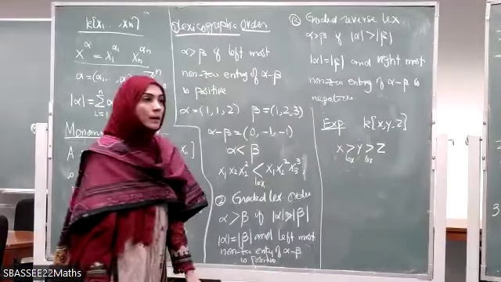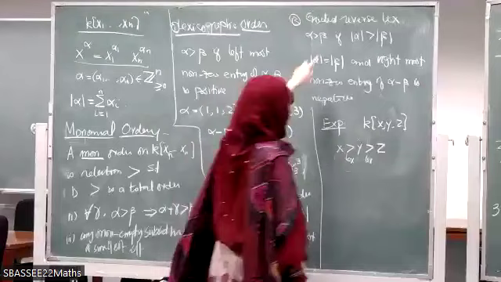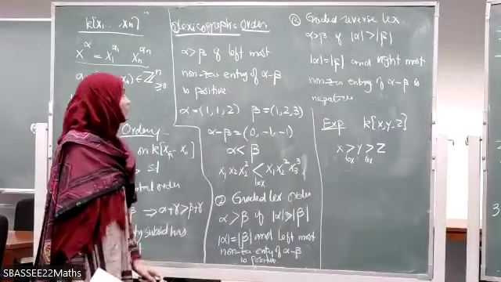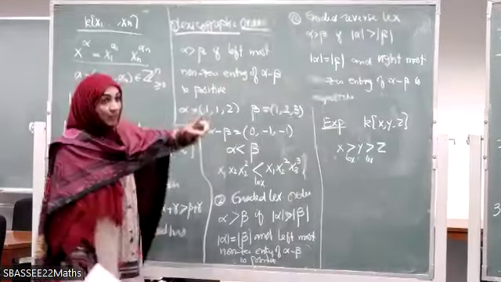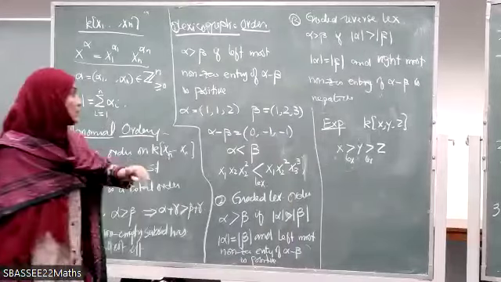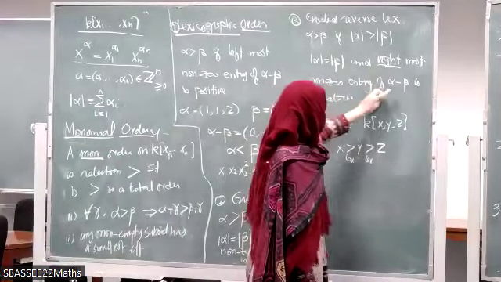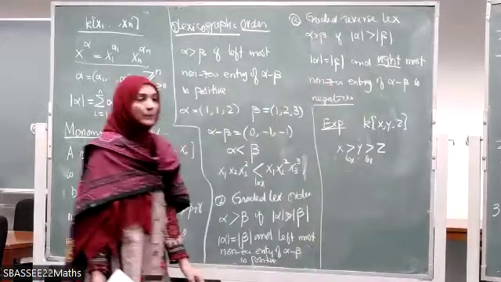Okay, you can verify. Okay, this is graded reverse lexicographic order. I mean, graded as well as lexicographic, but with the reverse condition, because I am using here the rightmost non-zero entry of alpha minus beta is negative, so that's why it's called the reverse part.